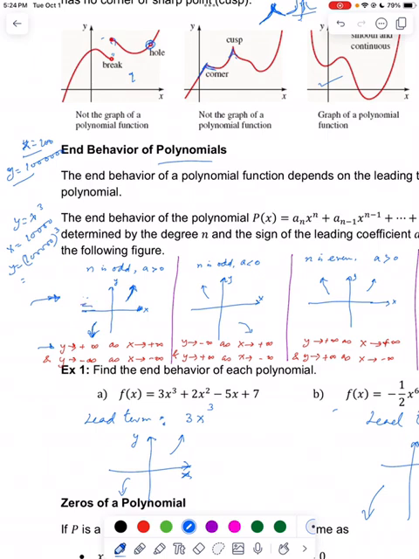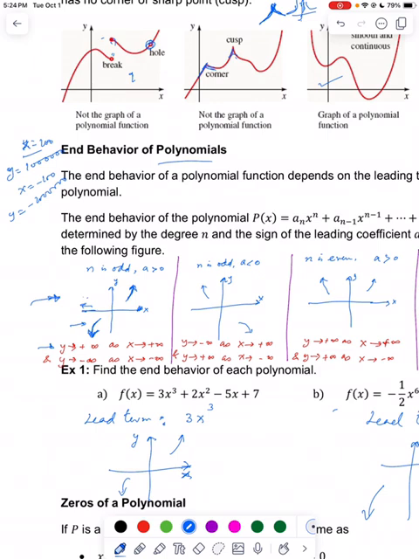So if you plug in X equal to minus 100, you'll notice that it gives you Y equal to minus 1 million. So that's how we describe this by this arrow, or by writing that Y goes to negative infinity as X goes to negative infinity.